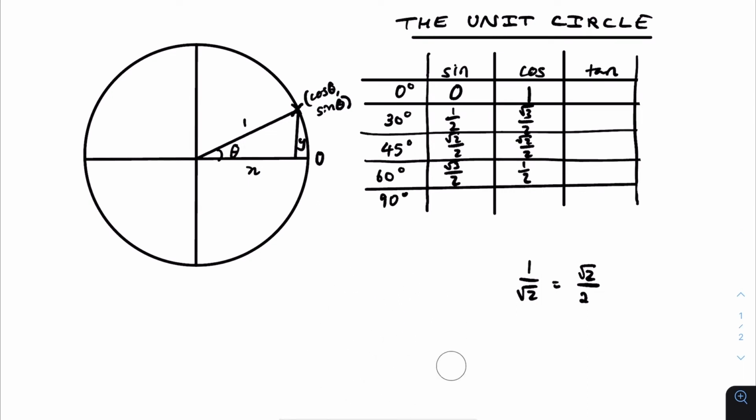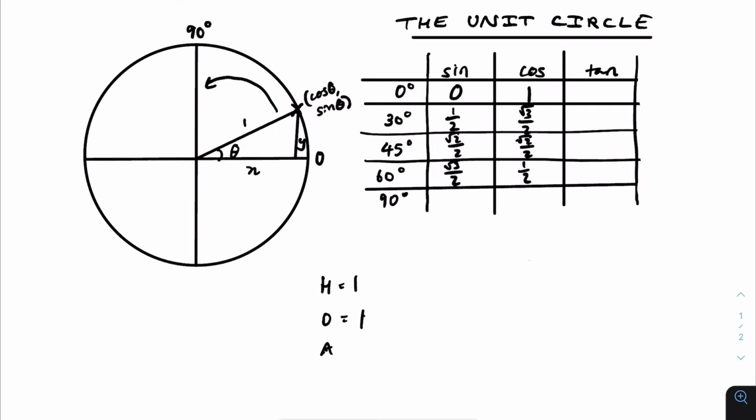So 90 degrees is when the hypotenuse has reached this marker over here, which represents 90 degrees, and it's completely vertical as well. So what we need to consider is the hypotenuse is obviously always 1. The opposite, which is basically the height, is going to also be 1 because it's completely vertical.